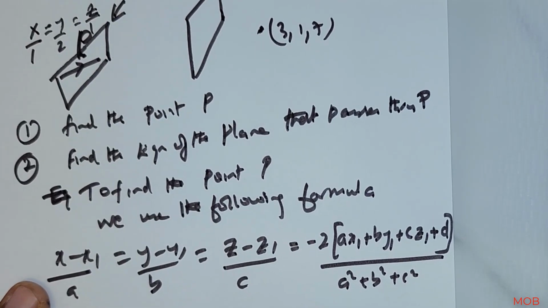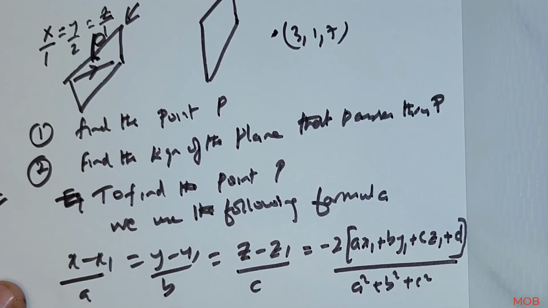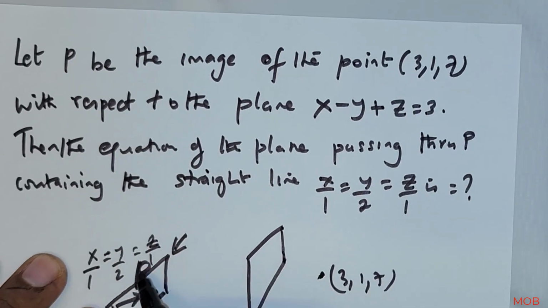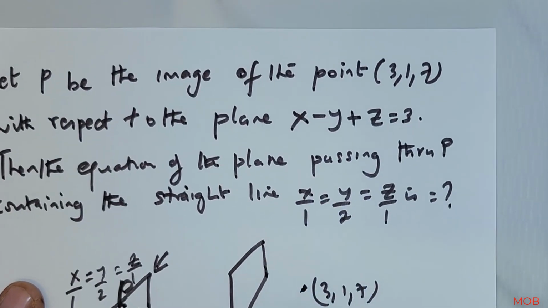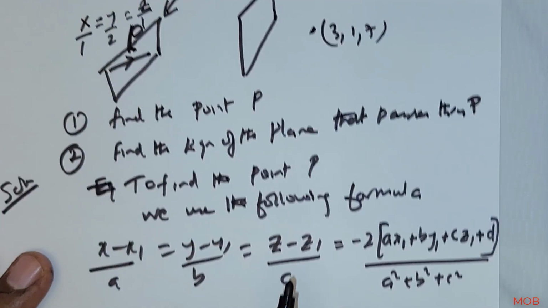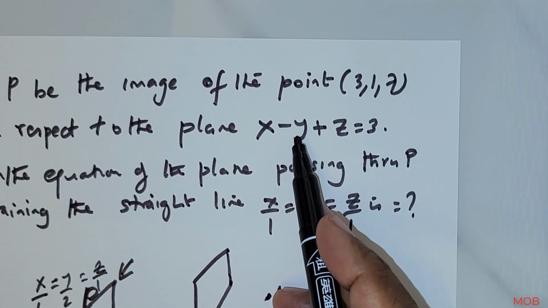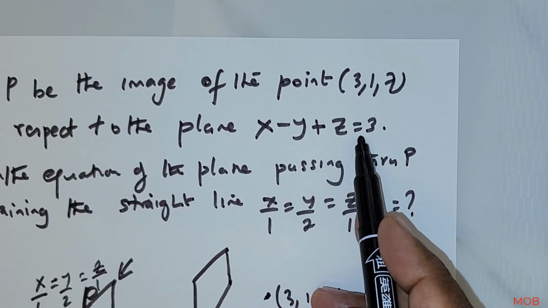Okay, now we need to get the values of a, b, c. P is obtained because of the reflection of this particular point via the plane x - y + z = 3. So we need to get a, b, c from x - y + z = 3, also d.